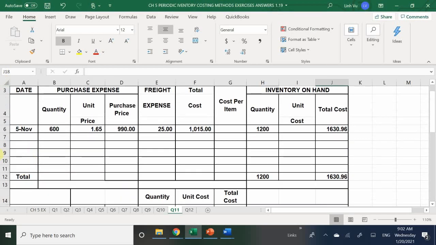So what's my total purchase price here? 1260. Okay. And I believe freight was 40. So what is my total cost here? 1,300 even. Good.